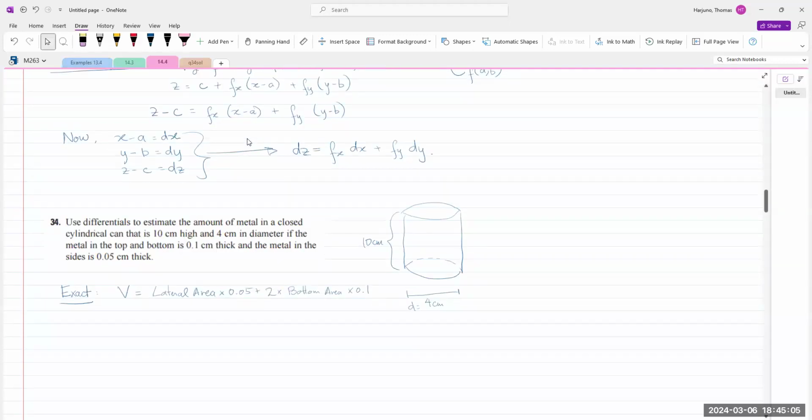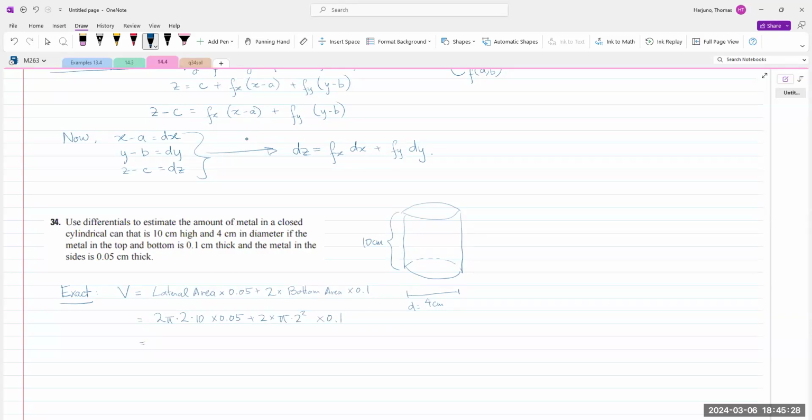And the lateral area equals the circumference 2 pi times 2 times 10 times 0.05 plus 2 times the bottom area, 2 times pi r squared times 0.1.